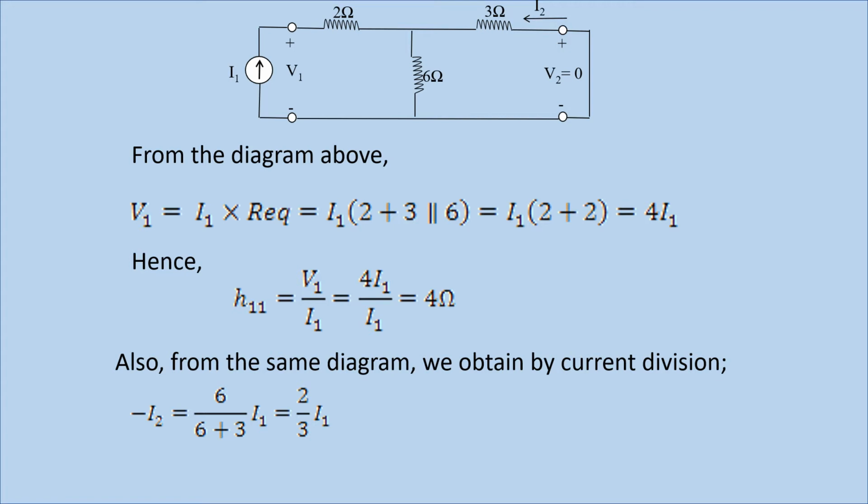But the part of I1 flowing in the 3 ohm resistor is flowing in the opposite direction to the current I1 producing it. So that's why we have minus I2 equals 6 over 6 plus 3 multiplied by your I1, which gives you 2 over 3 I1.